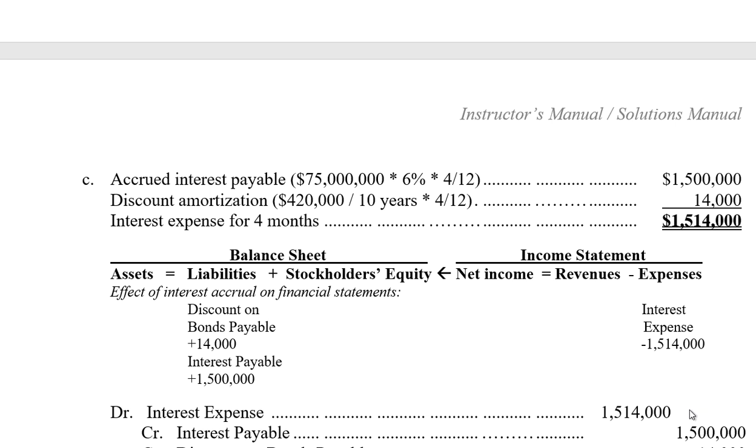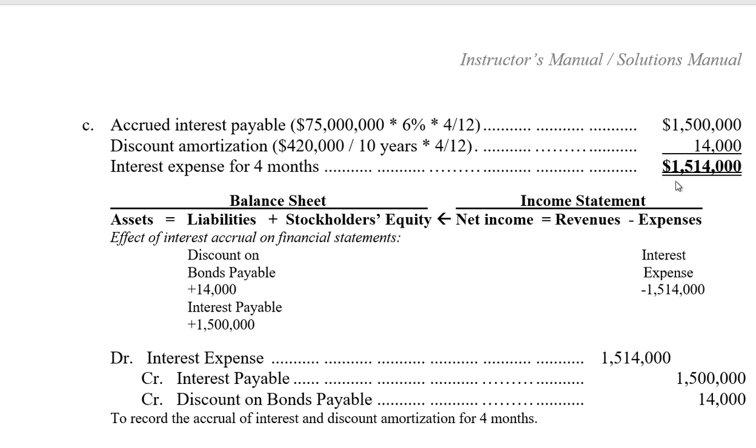So you have both. I want you to look here, see that this $75 million pays a 6% interest rate. And if we take that for just 4 months, because that's what we're dealing with in this problem, then we get about $1,500,000 in interest alone. That is payable, guys. We've got to pay this.